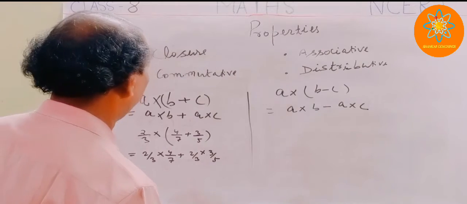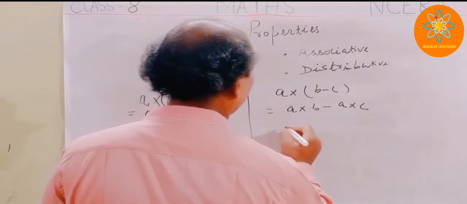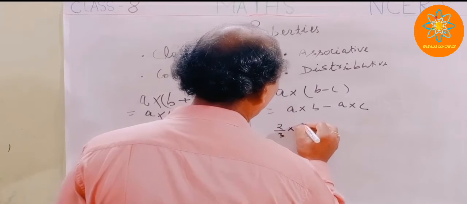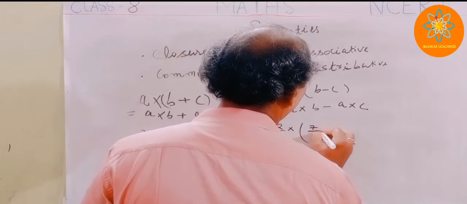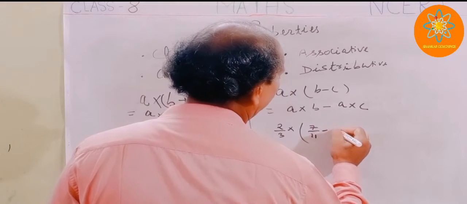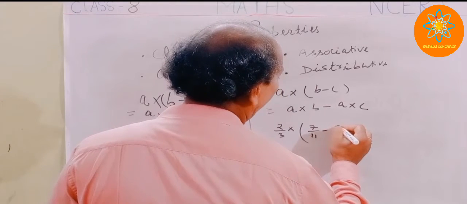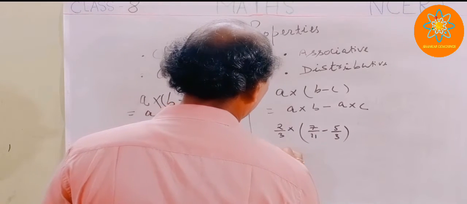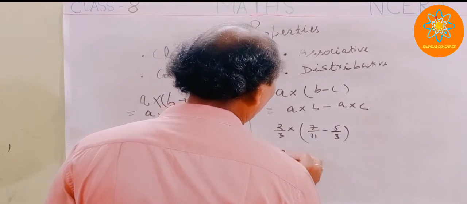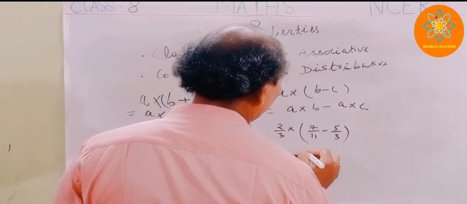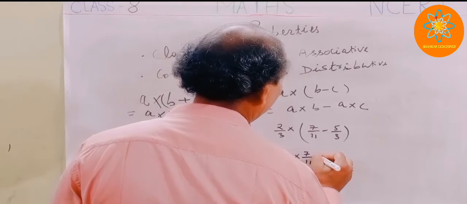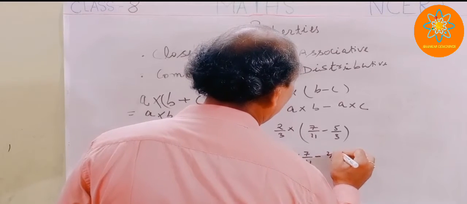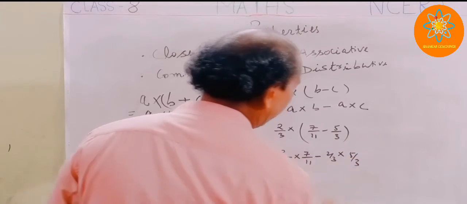Similarly, suppose in this case, this is 2 by 3 into 7 by 11 minus 5 by 3. So, this is equal to 2 by 3 into 7 by 11 minus 2 by 3 into 5 by 3.